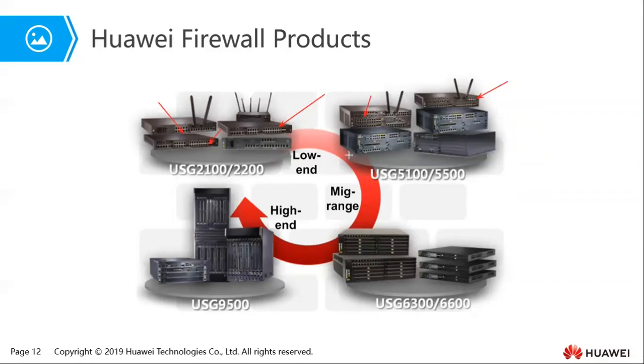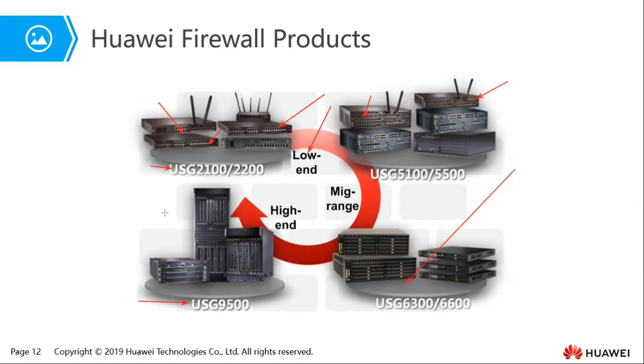Huawei provides a number of firewalls depending on the number of features they support. They have low-end firewalls such as USG2100 and 2200. They also have mid-range such as USG6300, and they also have high-end firewalls.